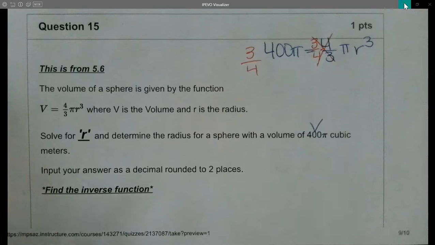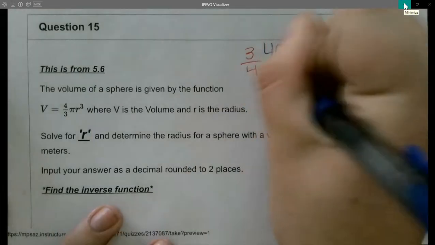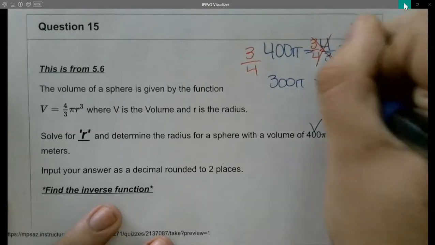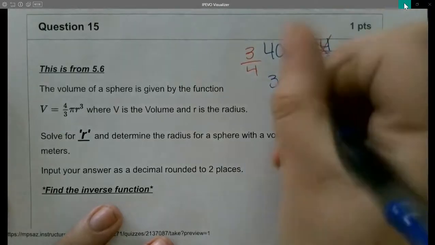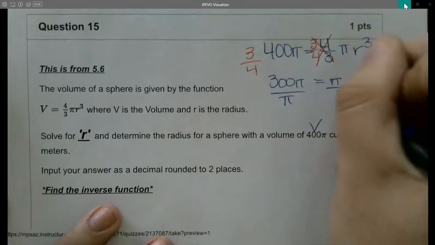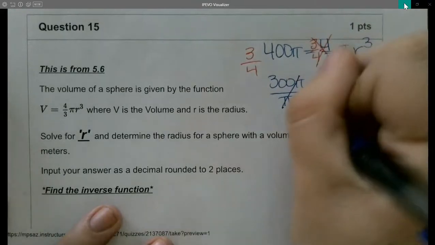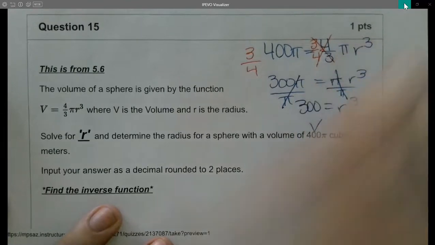So if I go back to my paper, I have 300 pi equals pi r cubed. Then I want to go ahead and divide out pi on both sides. It's actually going to cancel the pi's out. So I just have 300 equals r cubed.